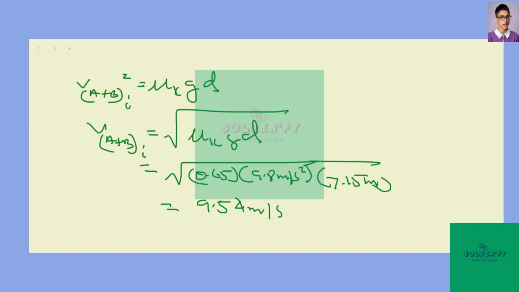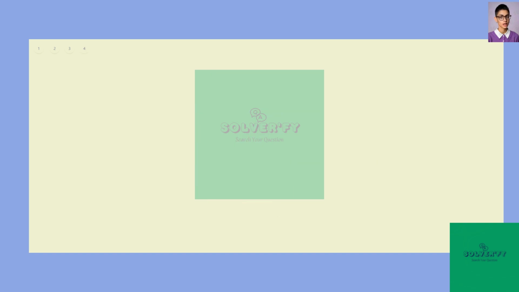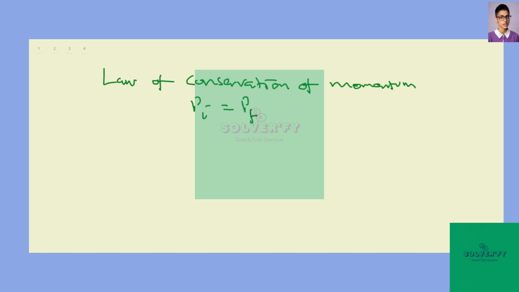Okay, then in the next page, we're going to use the law of conservation of momentum, which says that the initial momentum before collision equals the final momentum after collision.